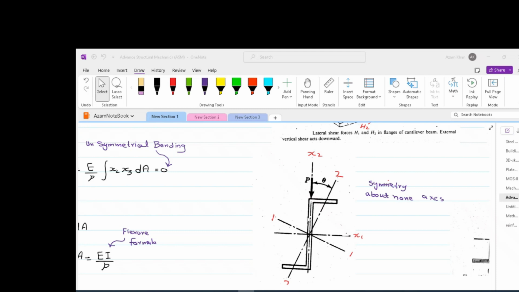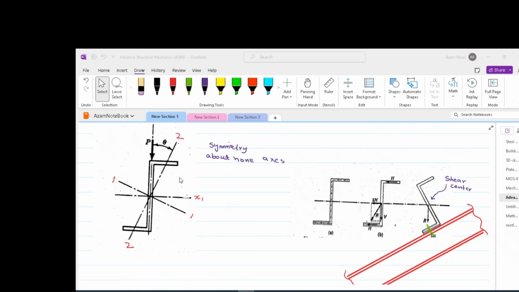So in this figure, we have the non-symmetrical Z section and the principal axes are 1, 1 and 2, 2. The load applied is at some angle to the principal axes. Thus, this is a perfect case of unsymmetrical bending.